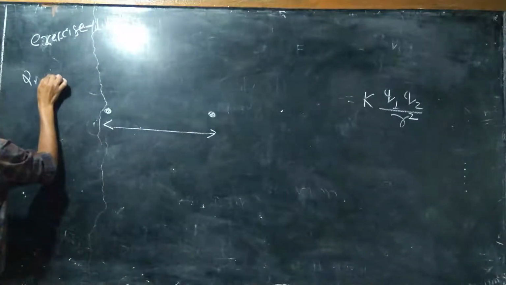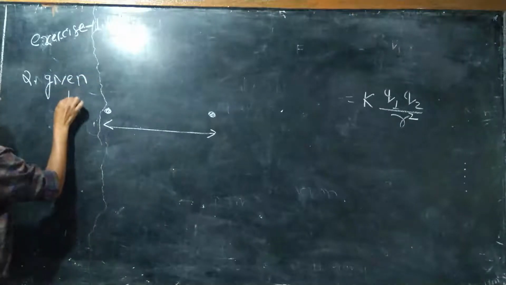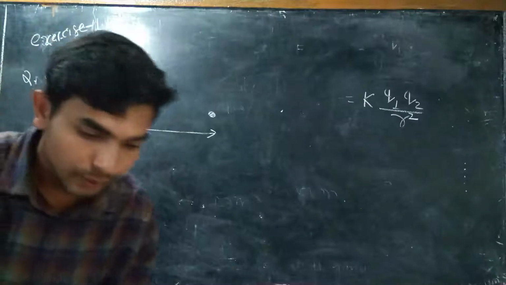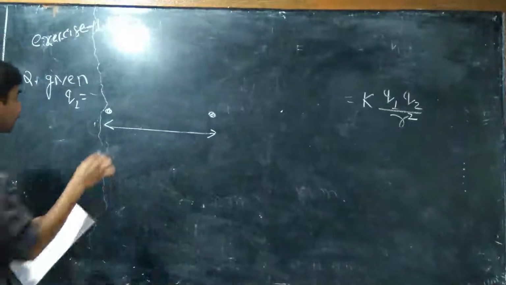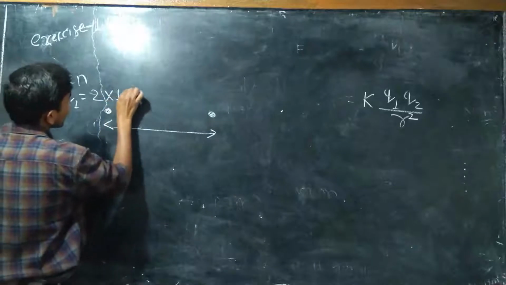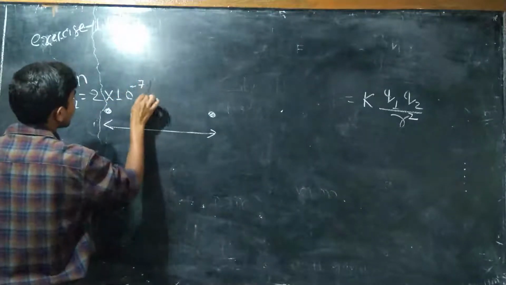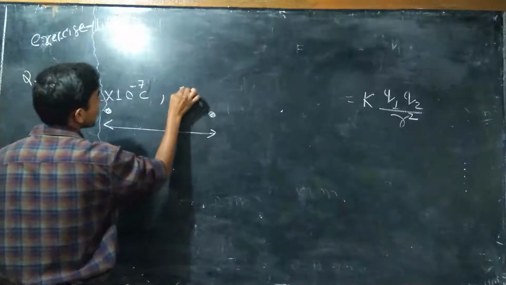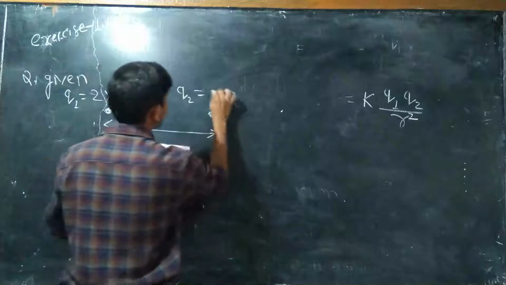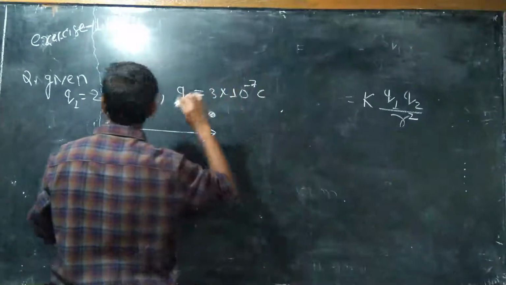So I am writing here what data is given in the question. Q1 is given as 2 into 10 to the power minus 7 coulomb, and Q2 is given as 3 into 10 to the power minus 7 coulomb.